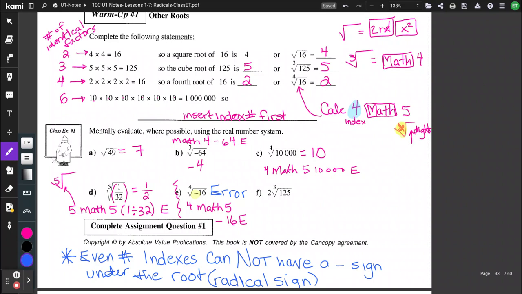So the next one, we have to type in kind of funny because we've got the number 2 out front. And whenever we've got something sitting side by side, that means multiply. So in your calculator, this is going to come up as 2 times. And now we need the cube root sign. Well, that's math 4.